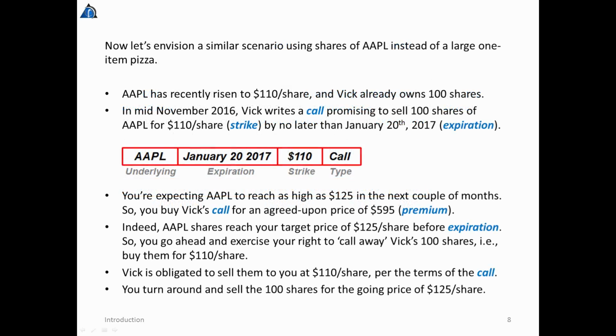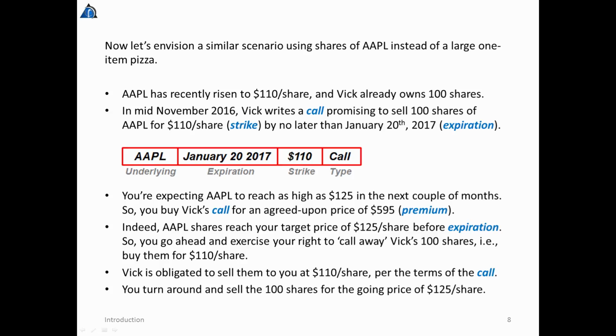Let's go ahead and apply some of what we've learned so far to an actual stock. Let's envision a scenario using shares of Apple instead of the large one-item pizza. Say it's November 2016, and Apple shares are currently trading at $110 per share.